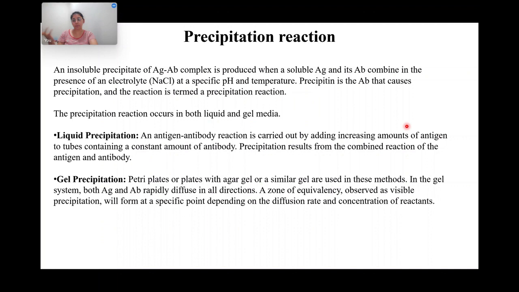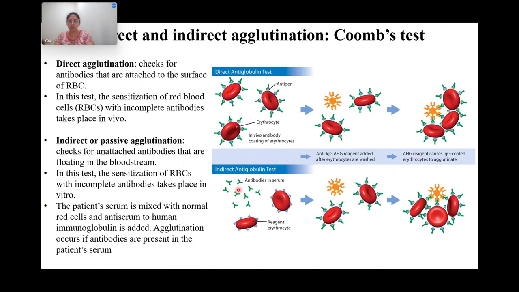But for the indirect one, you don't use the RBC which is coated with the antibody. You want to rather see the antibody in the serum. So you have the reagent, the erythrocyte, and the anti-IgG. Here you check for unattached antibody.